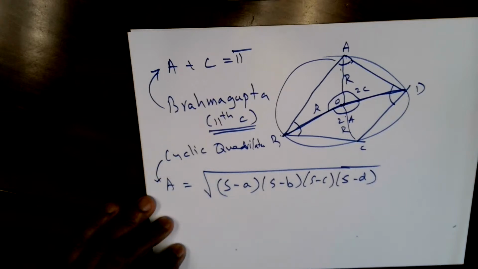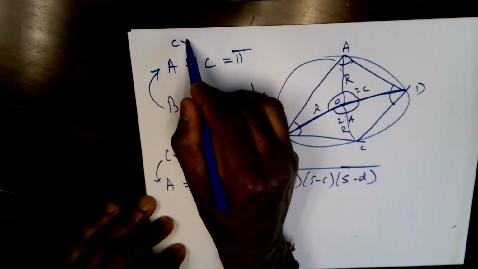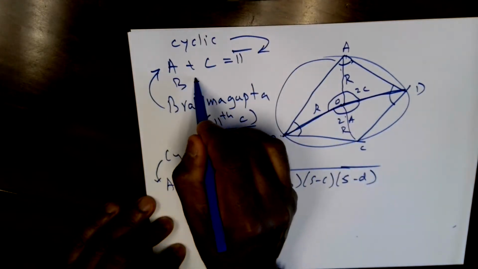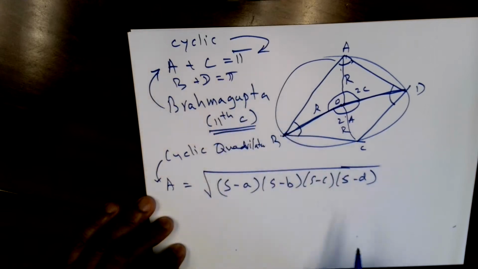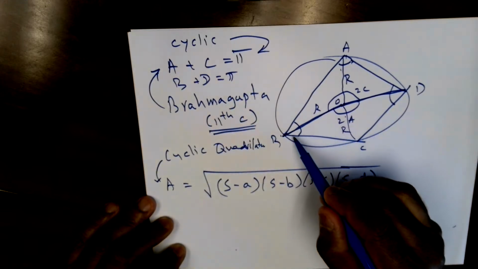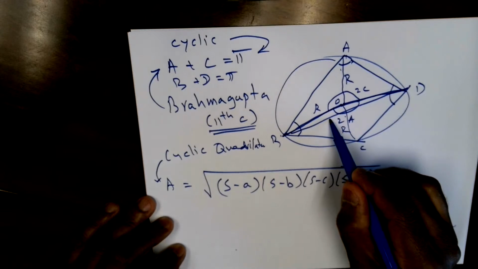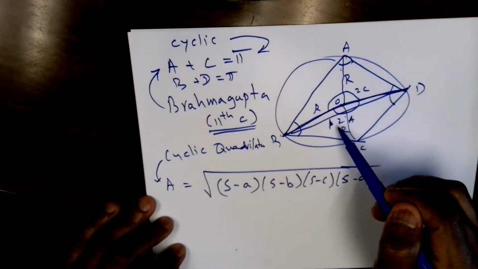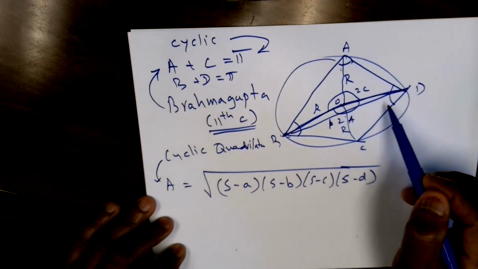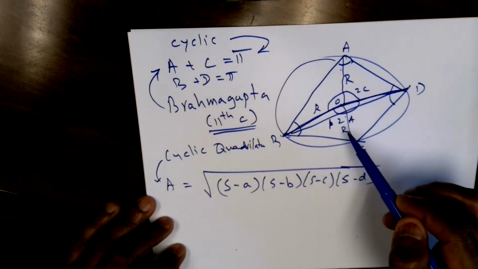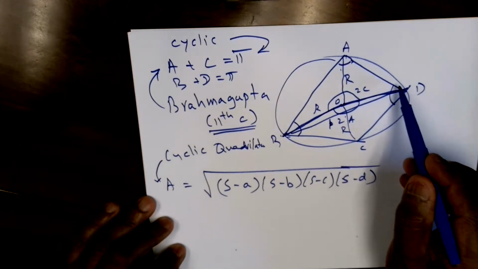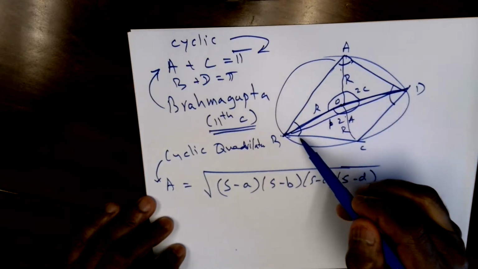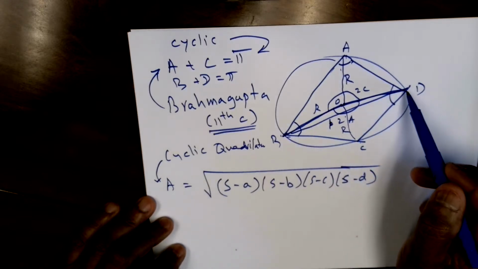And the cyclic property is this. A plus c or b plus d is also pi, of course. And now we can use a trick. So if I call this to be p, one diagonal, and the other one is q, but let me concentrate on p. Then notice that this circle goes through the triangle ABD, and also triangle BCD.